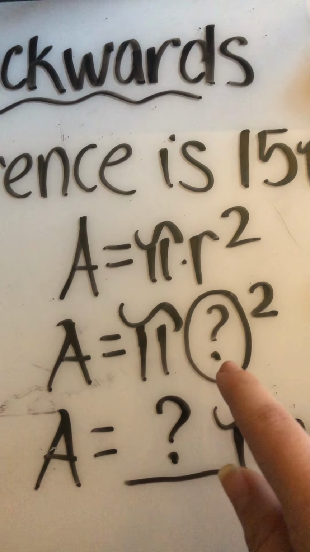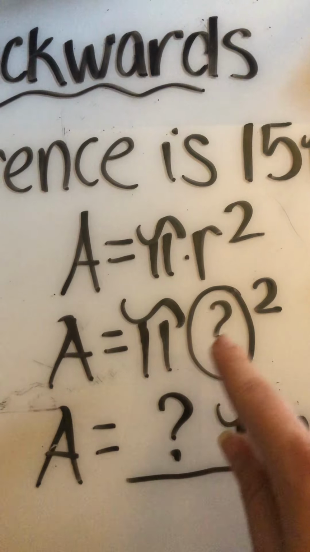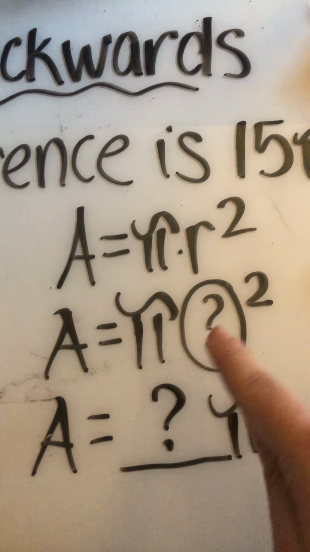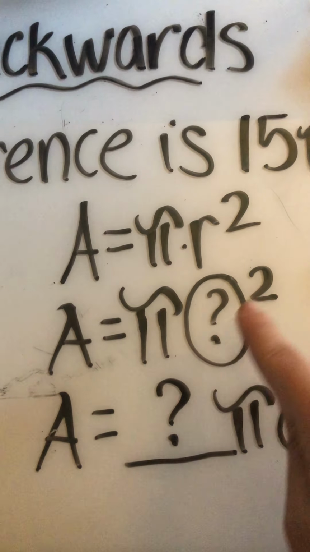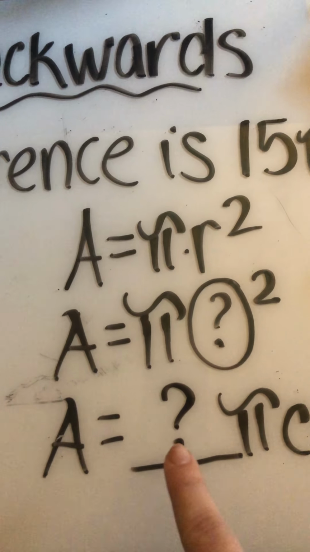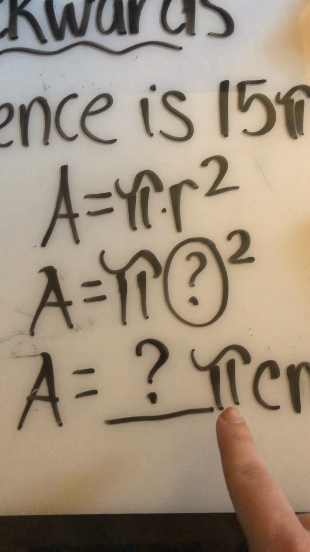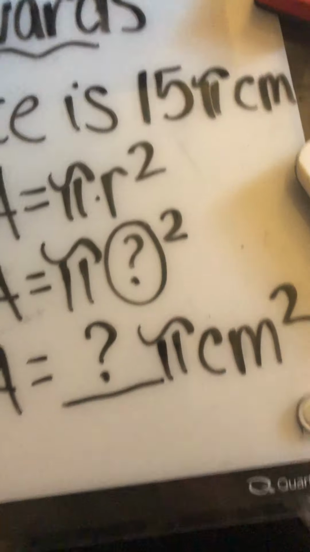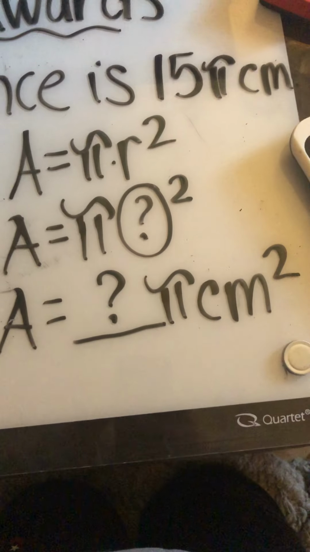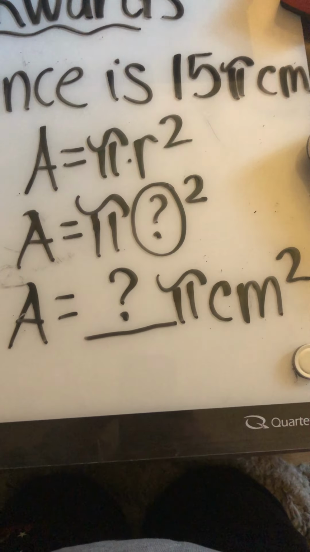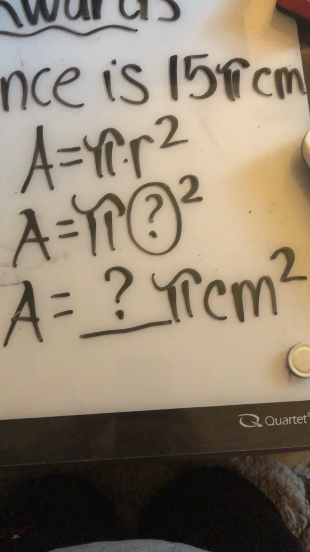You plug in the radius. You would then take that number, raise it to the second power, or multiply it by itself, however you calculate that. Then you put that number here, the pi symbol next to it, the units raised to the second power. And that is your area found in terms of pi, given a circumference.